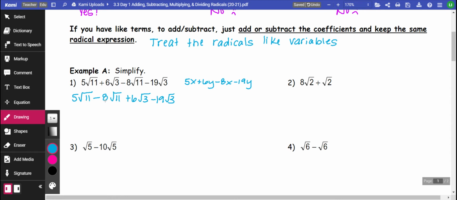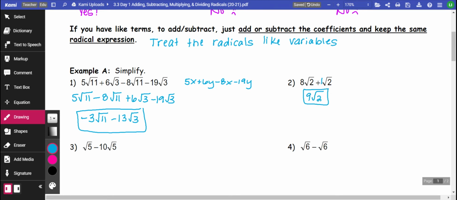So 5 minus 8, I get negative 3 root 11. 6 minus 19, I get negative 13 root 3. There we go. Number 2, 8 root 2 plus root 2. Okay, so those are both the same. Square root 2, square root 2. I have a 1 in front, so this would be 9 square root of 2.